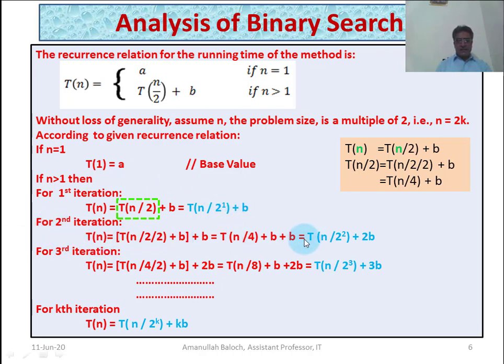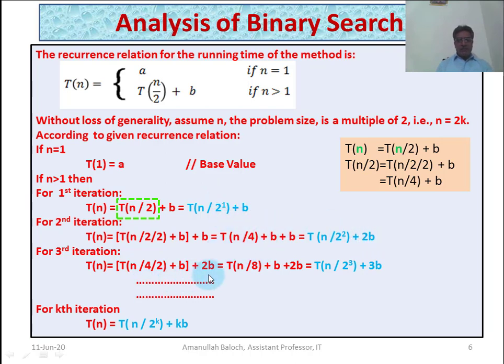In the second iteration, the pattern you may see is that the power of 2 is 2, because it is the second iteration, and the coefficient of b is 2. In the third iteration, you may see the pattern, the power of 2 is 3 and the coefficient of b is also 3. 3, 3, 2, 2 second iteration, 2, 2 first iteration, 1, 1.